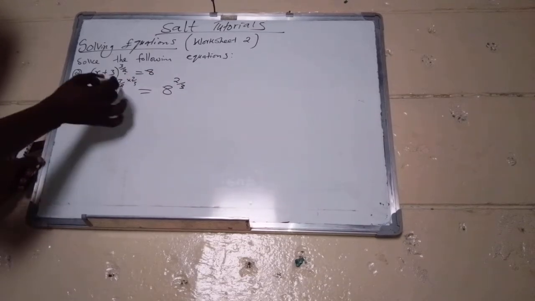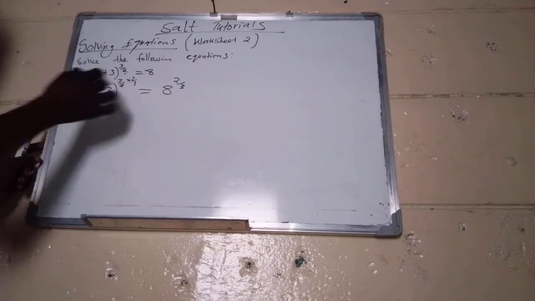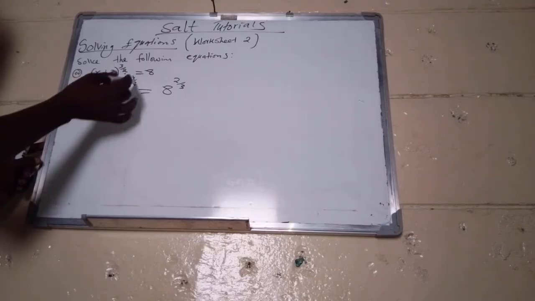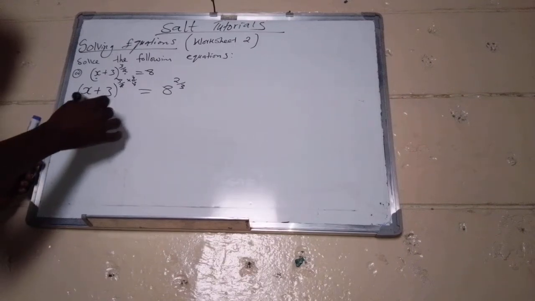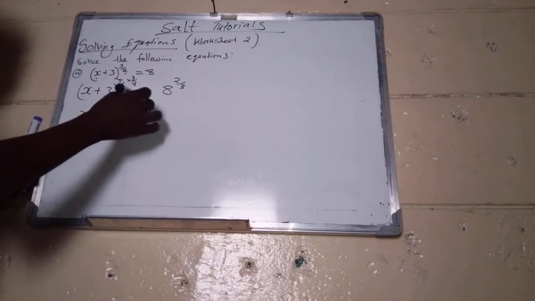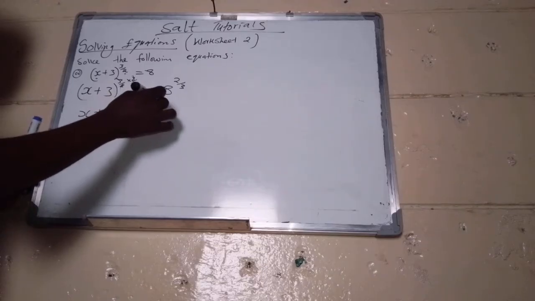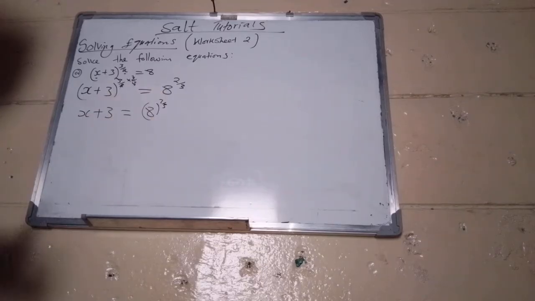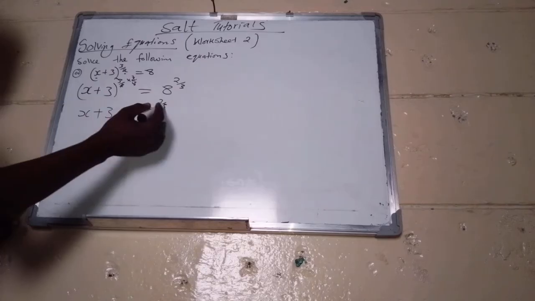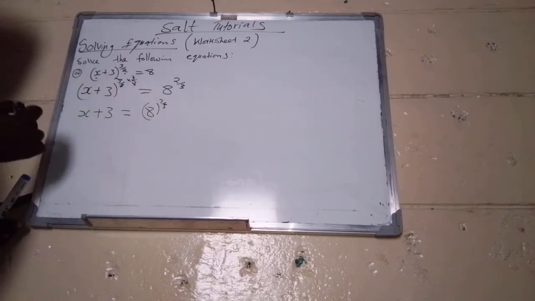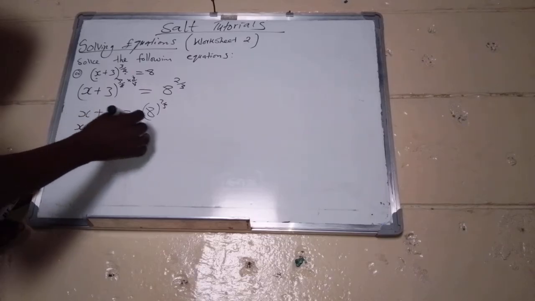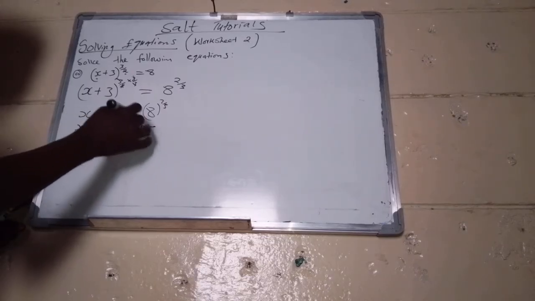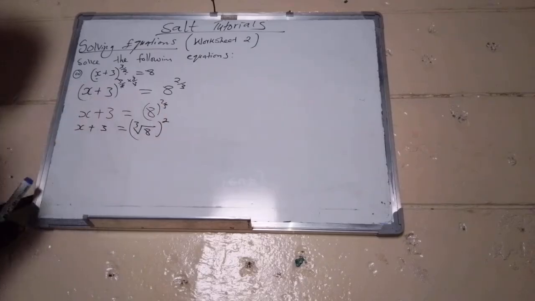So we're deleting this radical first, so that this and this will go and I'll remain with the 1 here. Remaining with the 1, I have x plus 3 equal to 8 to the power 2 over 3. According to indices, the denominator is the root and the numerator is the power. So this is the cube root of 8, raised to the power 2.